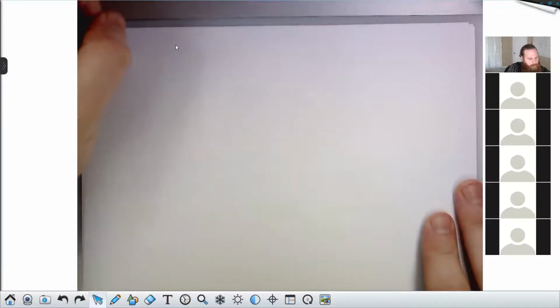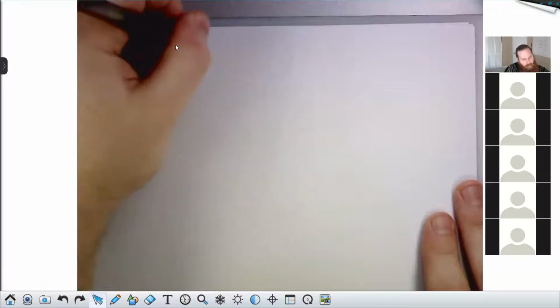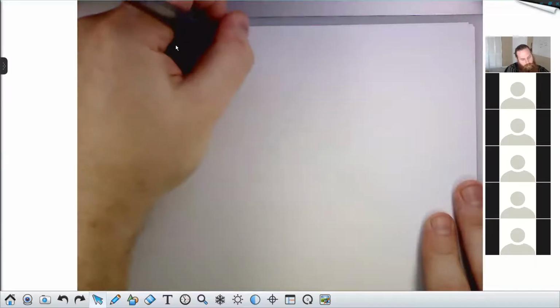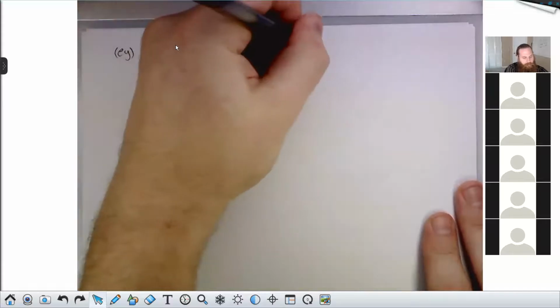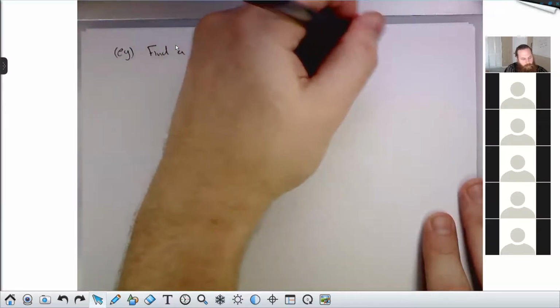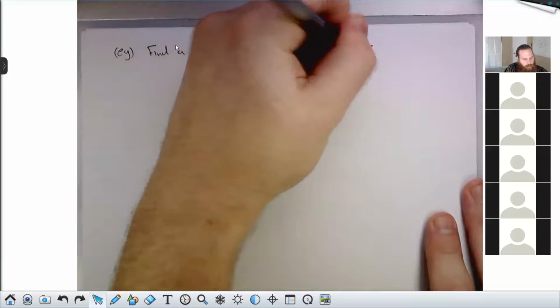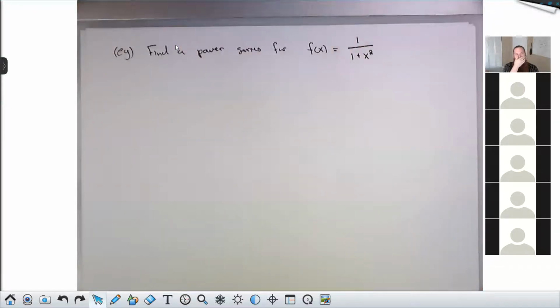So how do you find a power series for a function like that, where instead of having like x minus 3 or x plus 5, downstairs you have like 1 plus x squared, some irreducible quadratic.